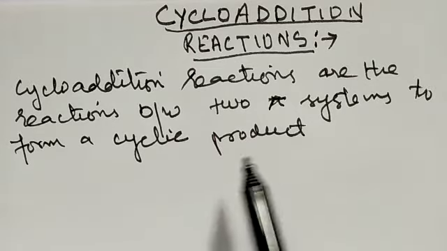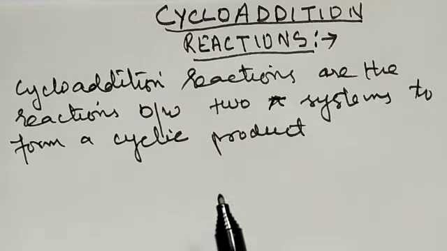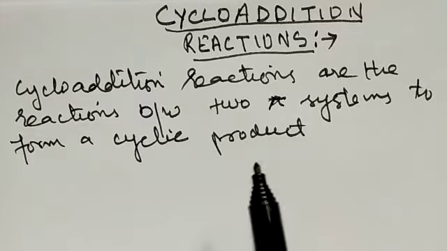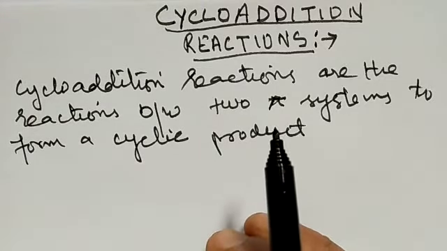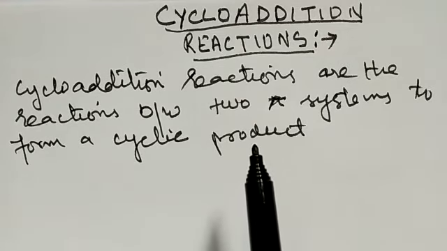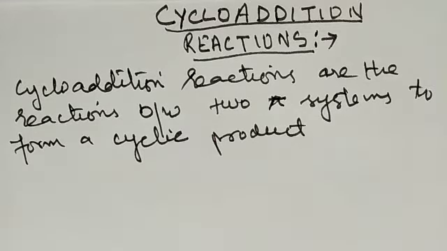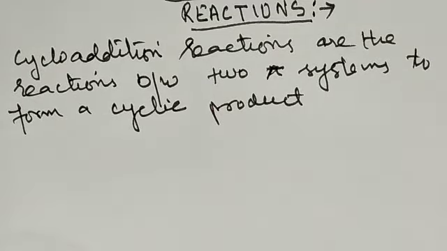The reactions of alkenes and polyenes in which two molecules react to form a cyclic product, where pi electrons are used to form a new sigma bond, are called cycloaddition reactions, right? It is clear that in cycloaddition reactions there is a reaction between two pi systems, right?